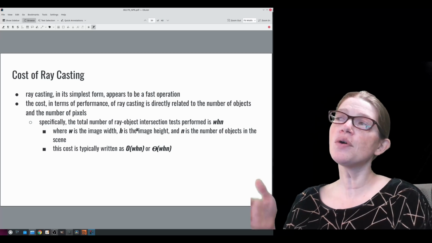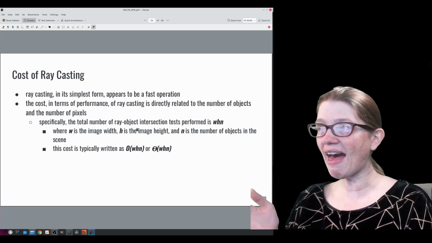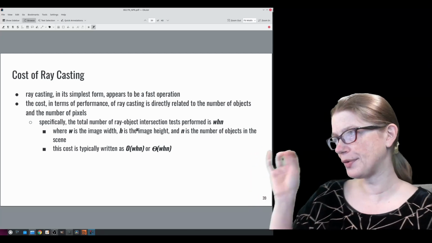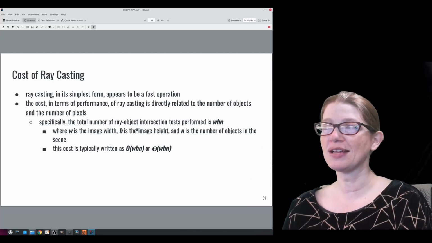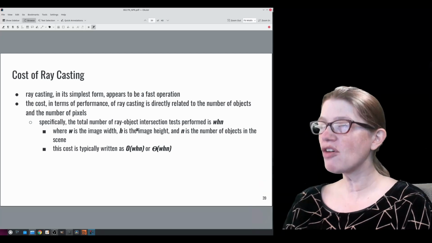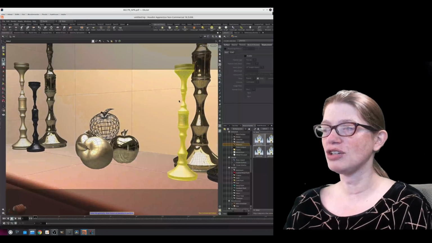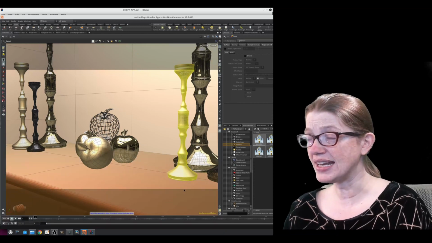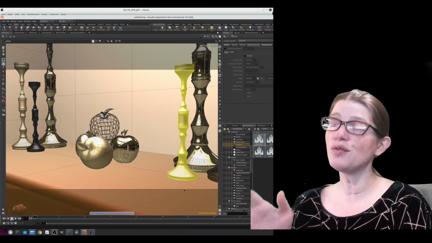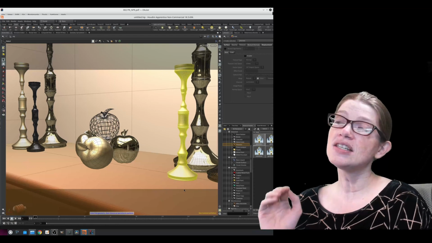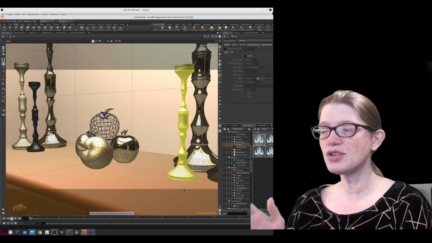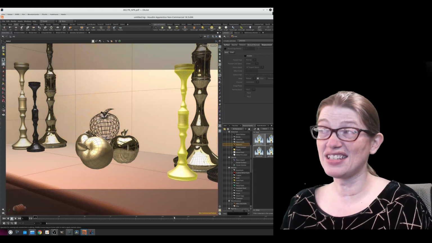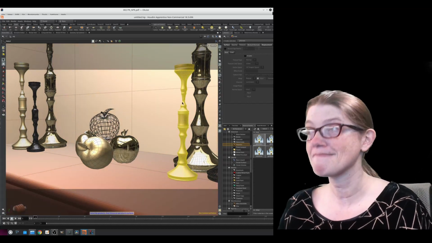But for each of those rays, we need to ask every single triangle, quadrilateral, and sphere in the scene if the ray intersects them. So if we've got some big candlestick mesh like this, that I think has something like 10,000 triangles in it, that means every single ray is going to have to perform a ray triangle intersection test with every single one of these 10,000 triangles.